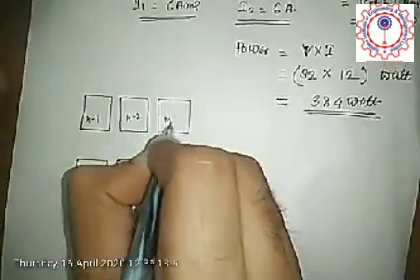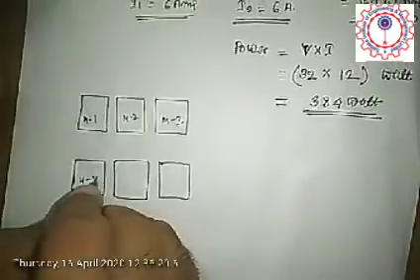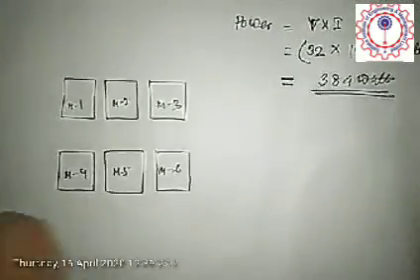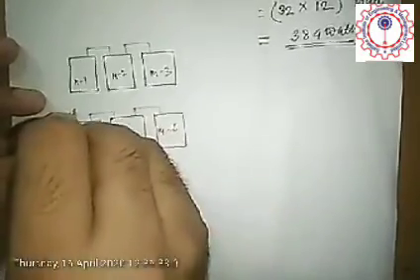This is module 1, module 2, module 3, module 4, module 5, and module 6. These are connected in a string.